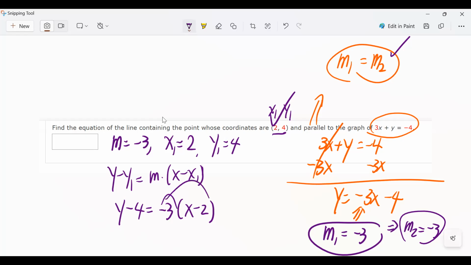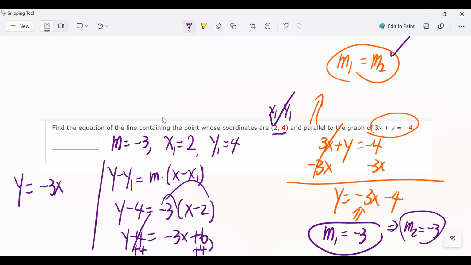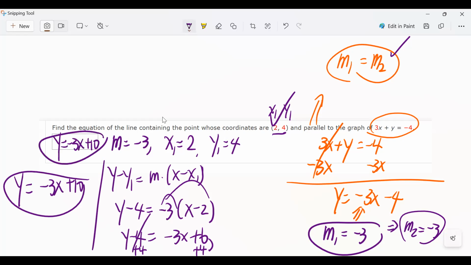Combining terms, add 4 to both sides of the equation, cancel the 4, and we get the final answer: y equals -3x plus 6 plus 4, which is 10. So y equals -3x plus 10. That's line number 2, the parallel line passing through this point.